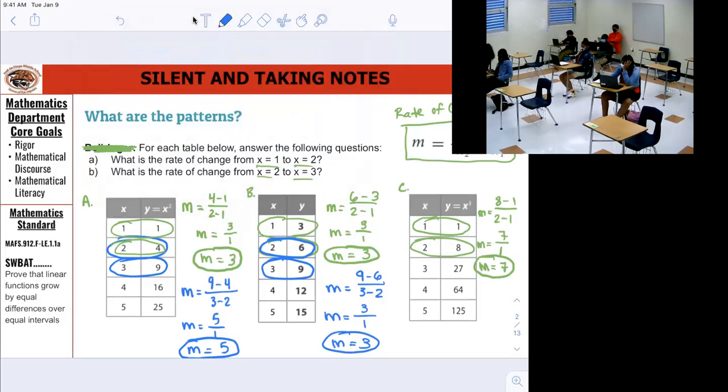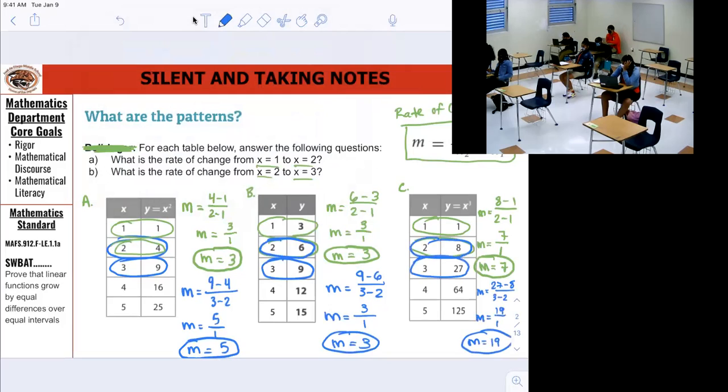And for the second set of points, I get 27 minus 8 over 3 minus 2. What's 27 minus 8? 19. Good, 19. And then 3 minus 2 is 1. So I get m equals 19.